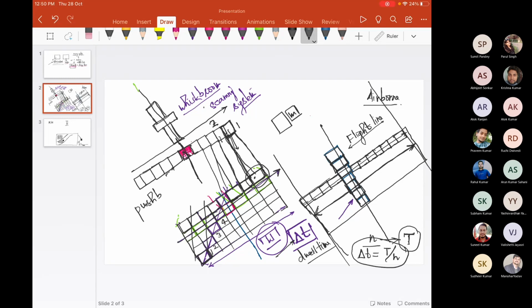Sweeping means just collecting the energy from different GRCs. Once you collect the energy from the ground, from different GRCs, it is swept. That is the reason why we select the terminology broom. So it's a push broom scanning system.